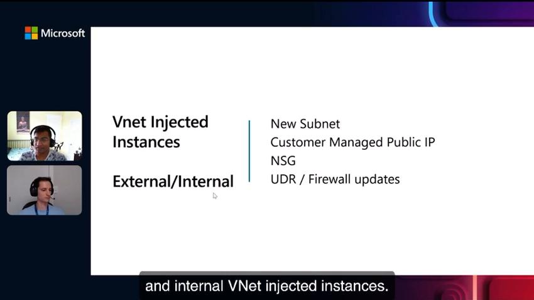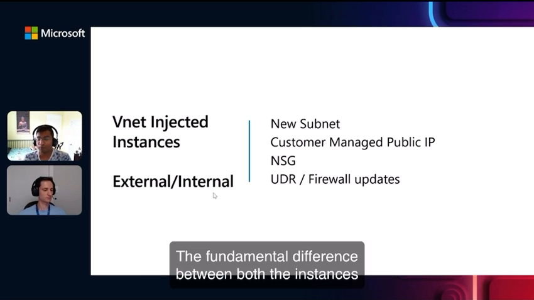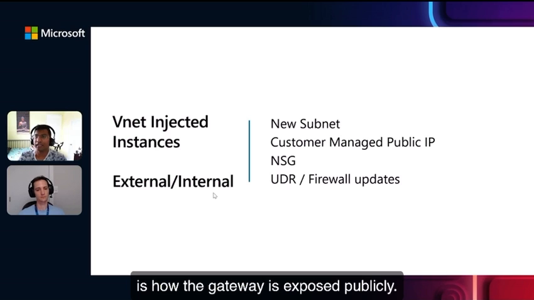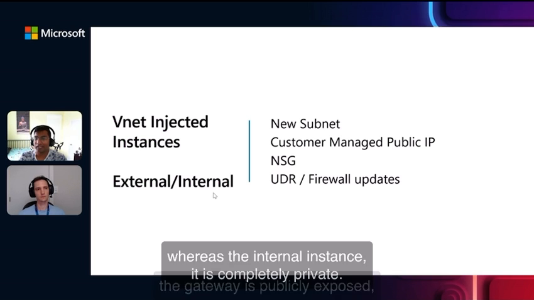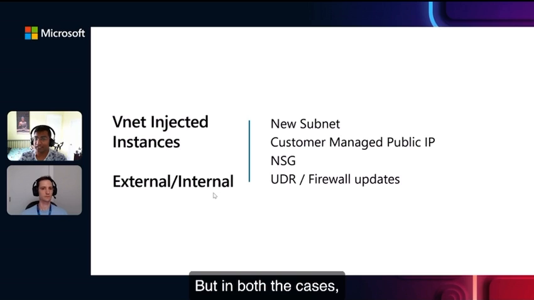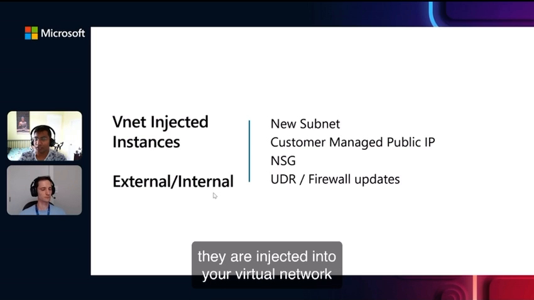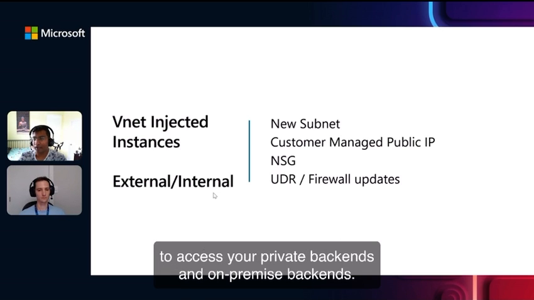The fundamental difference is how the gateway is exposed publicly. In an external injected instance, the gateway is publicly exposed, whereas in an internal instance, it is completely private. But in both cases, they are injected into your virtual network to access your private backends and on-premise backends.